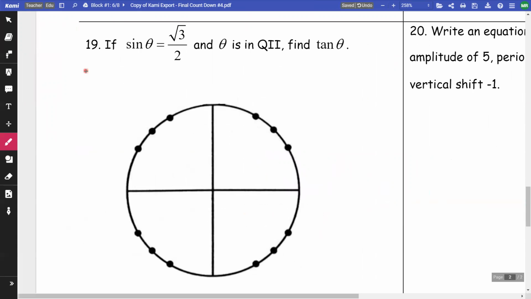So on number 19, they're telling me that I'm in quadrant 2, and our sine is equal to the square root of 3 over 2. On the unit circle, it is cosine of your angle, comma, sine of your angle.